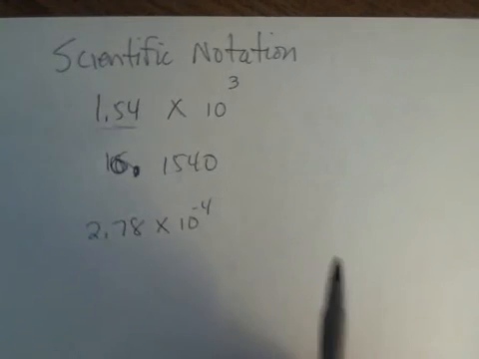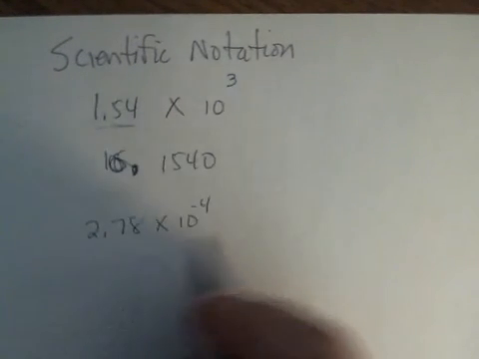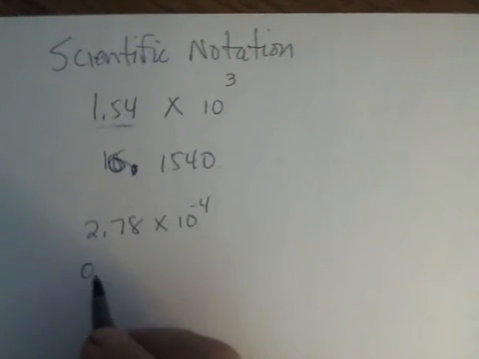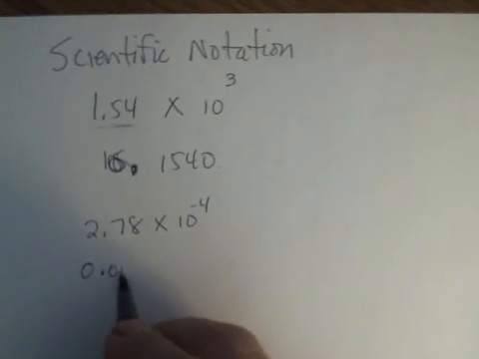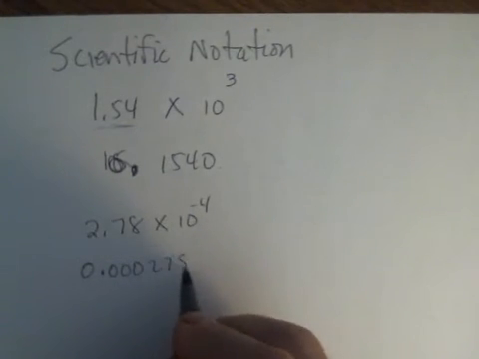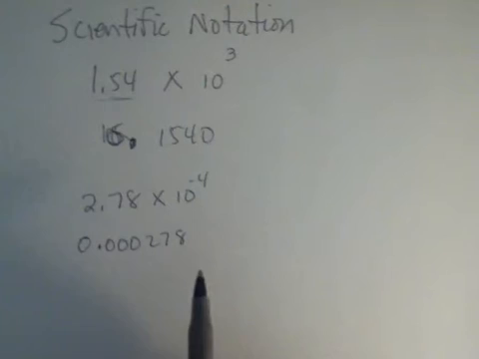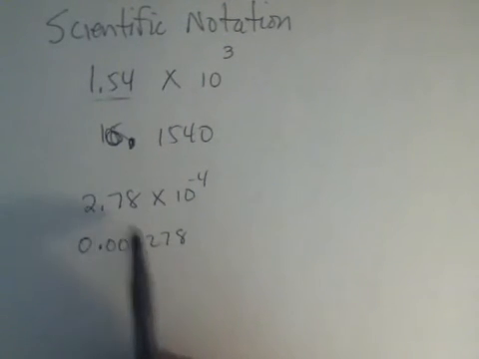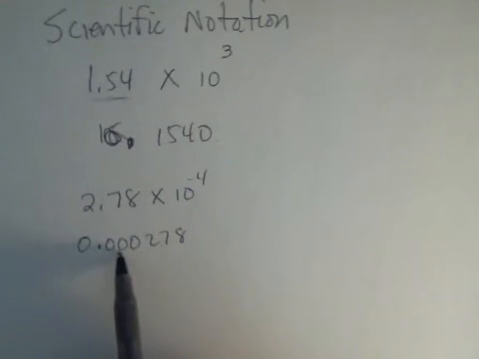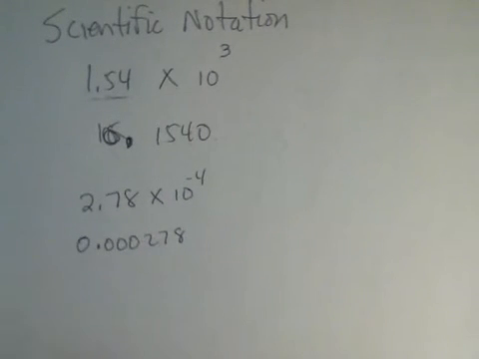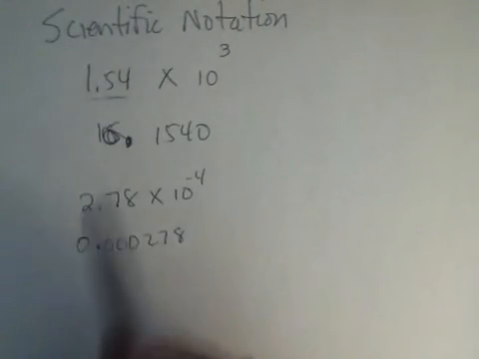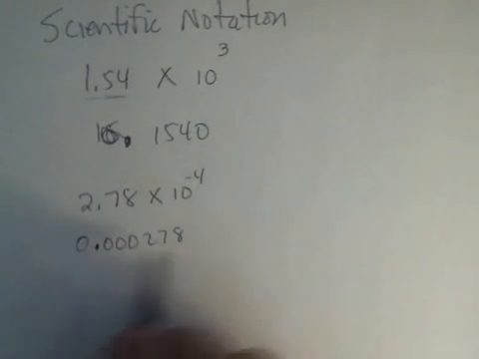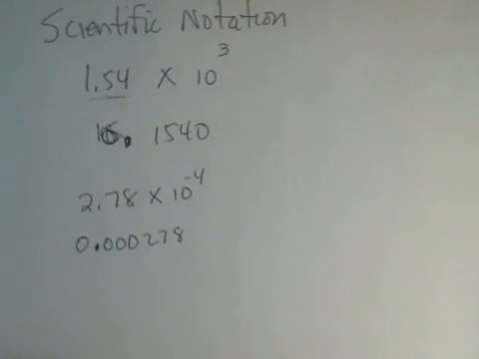But we don't have to worry about all that, because if I wanted to write this number out, it would look something like that. The way I got this was, that's where the decimal place is, 1, 2, 3, 4 to the left.